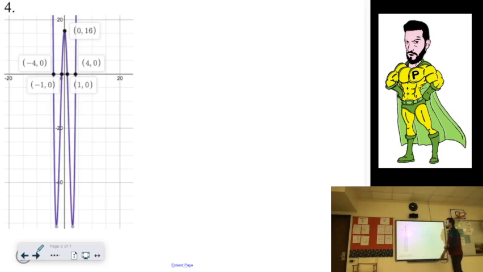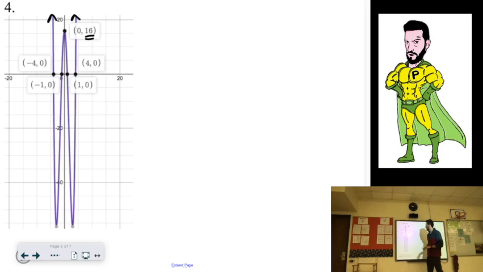Whoa! Now, if you look at this, it's starting at positive infinity. It has a lot of curves and stuff, and it ends at positive infinity. I see that it has a y-intercept at 16, so hopefully 16 shows up somewhere in our final answer.